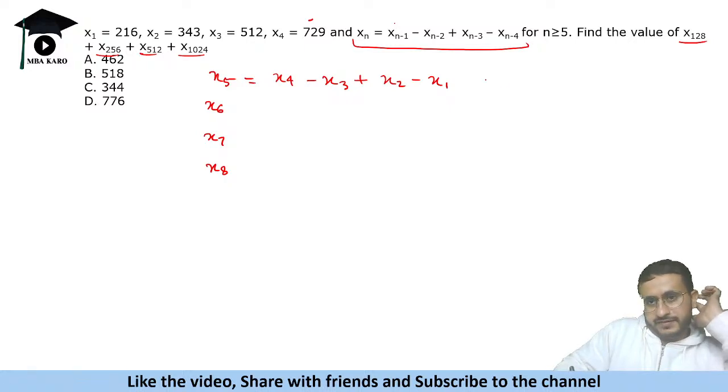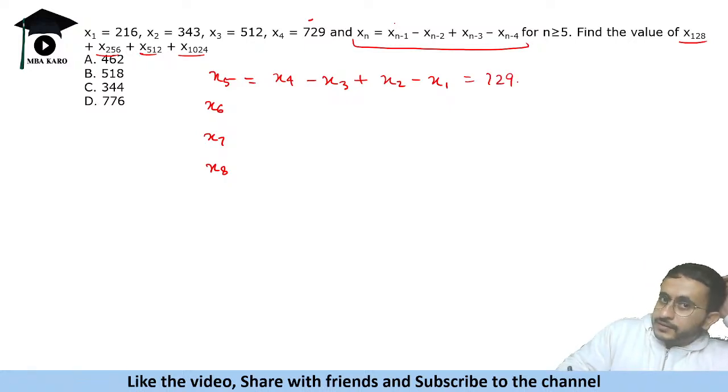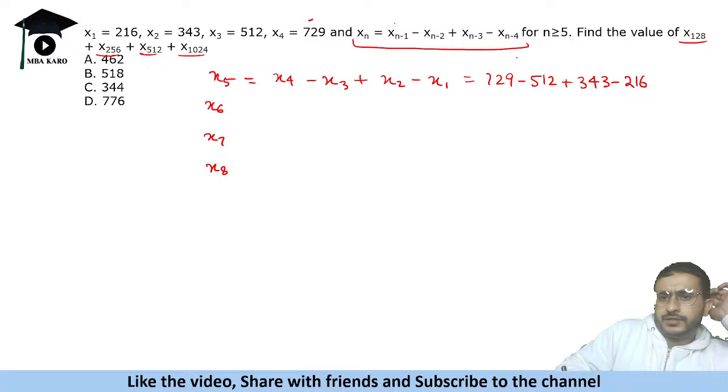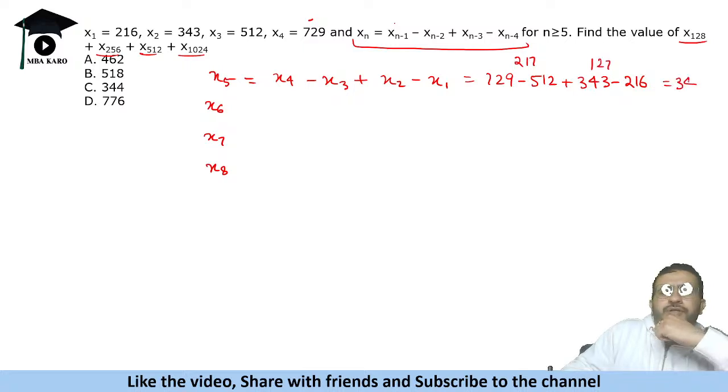So x5 is 729 minus 512 plus 343 minus 216. तो ये आ जाएगा 270 and this is 200 and sorry, 127. This is 344. ठीक है, this is 344.